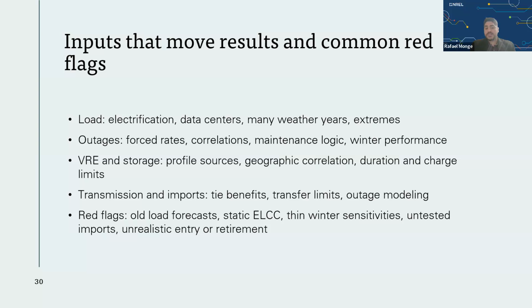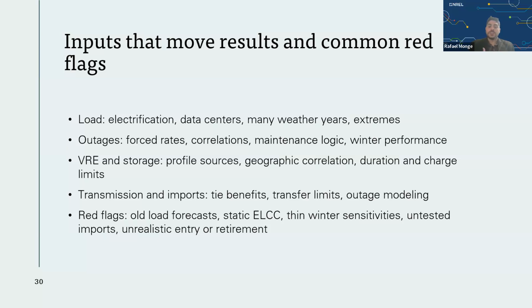Missing fast growth tends to understate both loss of load hours and expected unserved energy. Outages require correlated forced outage modeling and explicit treatment of winter performance and fuel deliverability. Without that detail, winter risk is often understated.